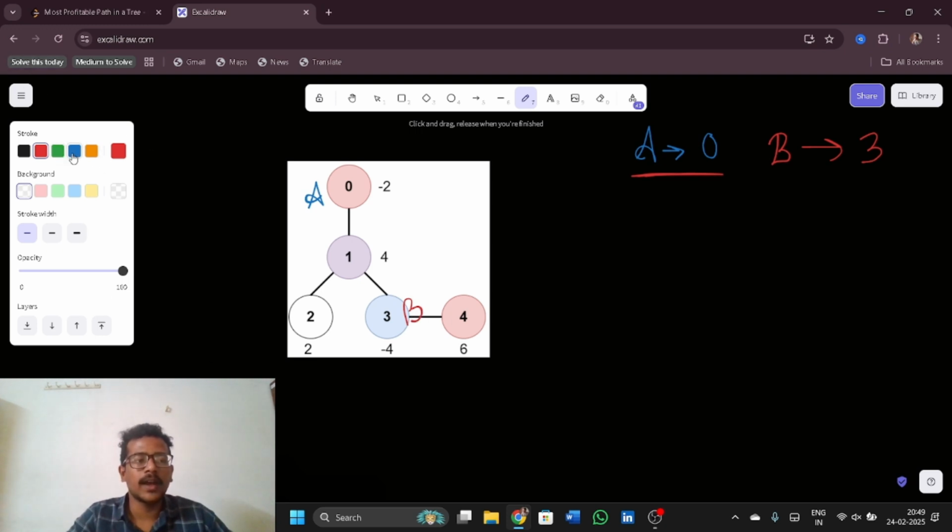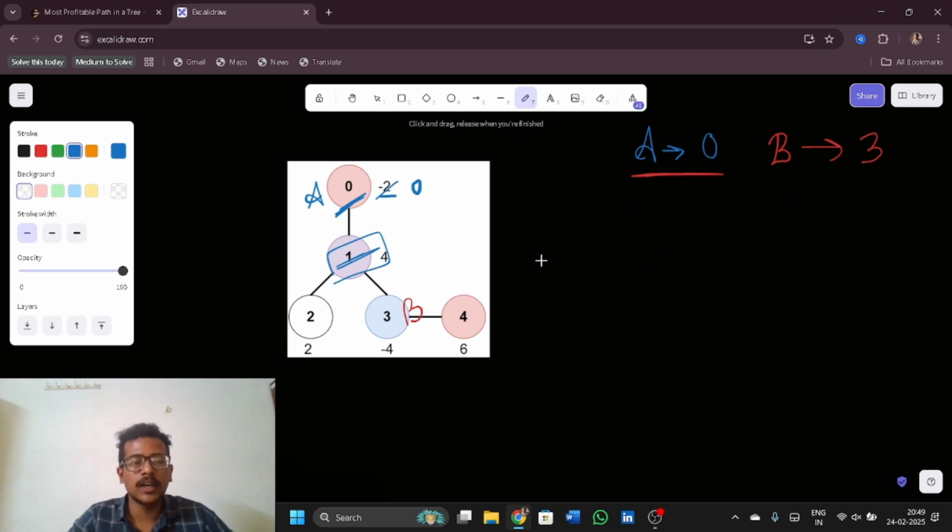Now here Alice is at node 0, so he need to open this gate and this value will become 0. Now the another important thing I forgot to say you is when they meet a node at the same time, the gate at the same time, then the value is distributed among themselves in equal proportion. That means if they have 4, then 2 is given to Alice and 2 is added to Bob.